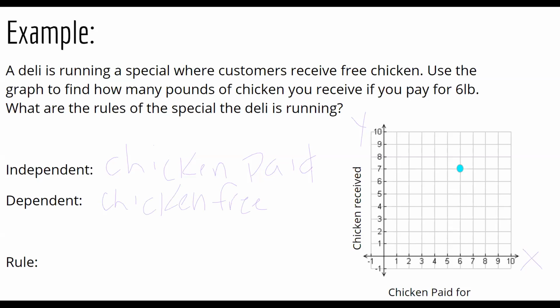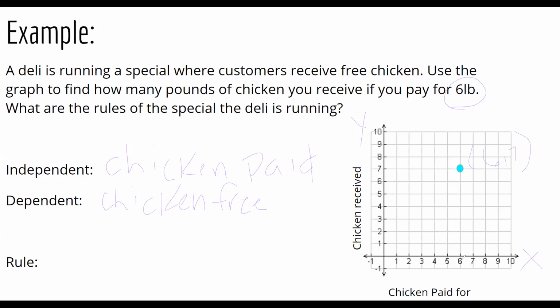So looking at this graph, there is a point on this graph already. It's at 6 this way and then up 7. So this point is at (6, 7). Going back to the question, it says use the graph to find how many pounds of chicken you receive if you pay for 6 pounds.